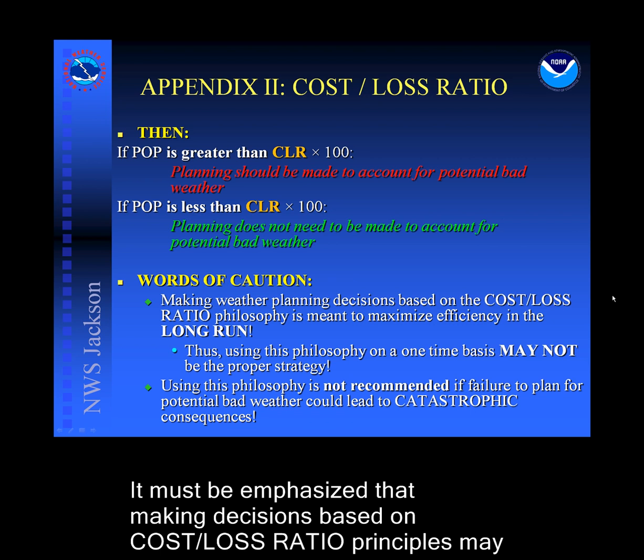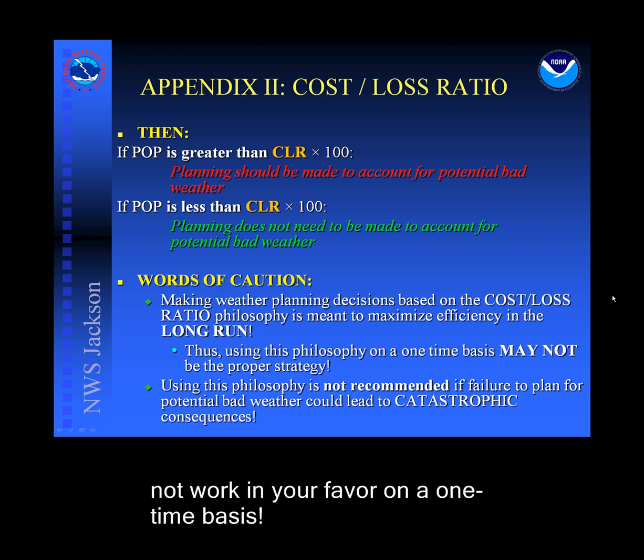I must emphasize these words of caution that making weather planning decisions based on the cost-to-loss ratio philosophy is meant to maximize efficiency in the long run. Meaning, using this philosophy on a one-time basis may not be the proper strategy and may not result in the result that you would want to see.